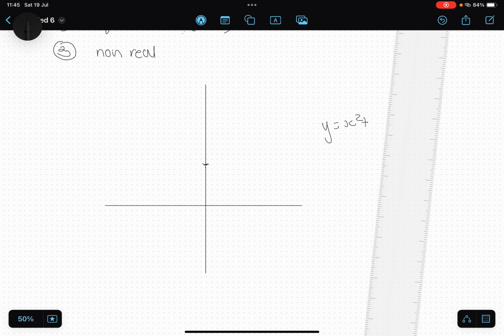That was the equation we had, which means it's going to be all the way up there, and that will be where we are.